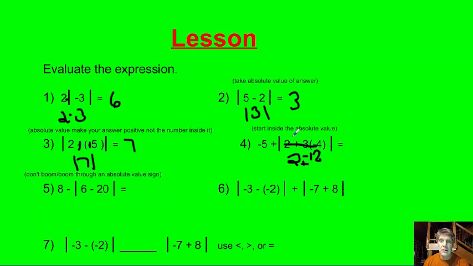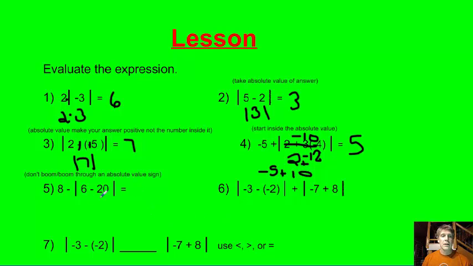So all of this gives me the absolute value of negative 10. Now, that's easy. What's the distance from negative 10 to 0? Well, that's 10. So what's the last bit of my problem? Well, it's negative 5 plus 10. And that's positive 5.